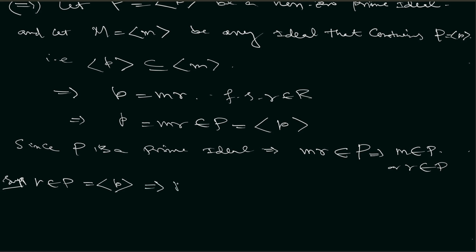This implies that r equals some pk for some k inside the ring R.